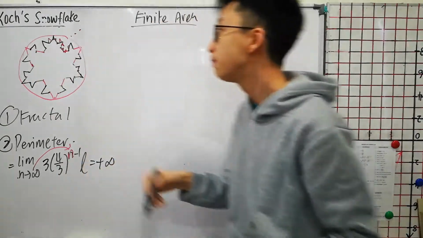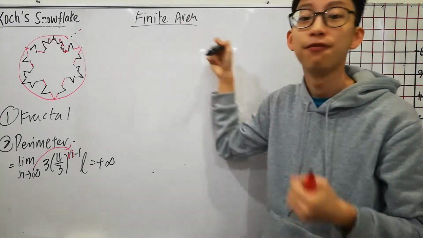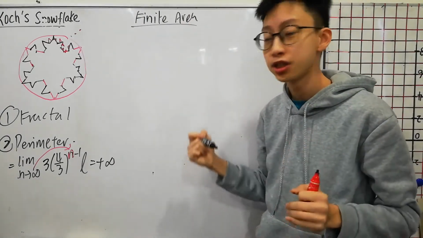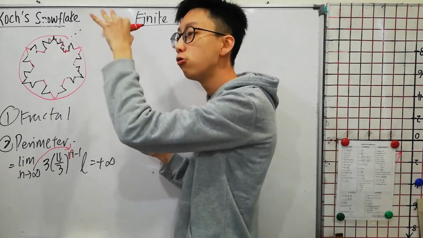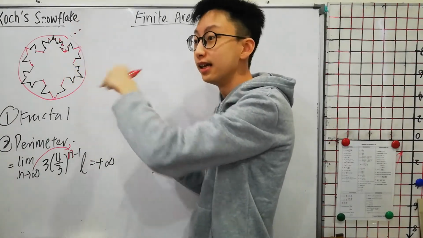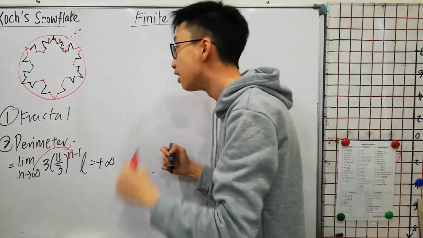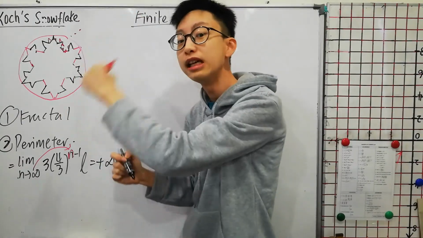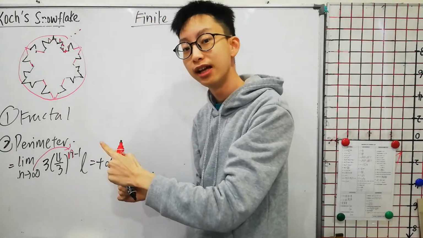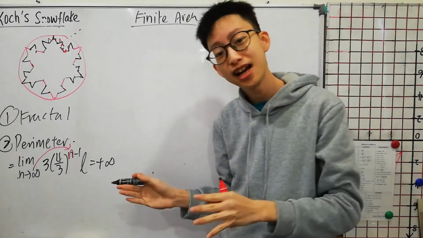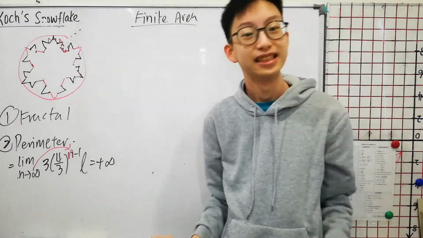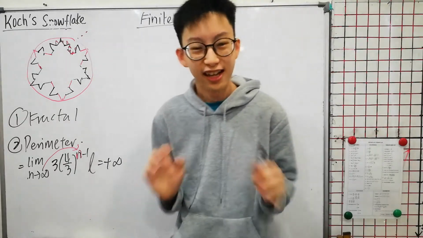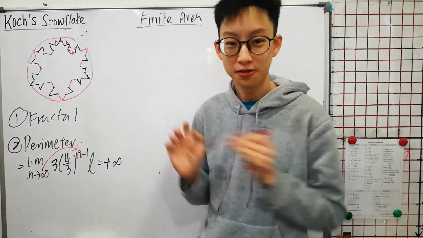So if you want to prove that this shape has a finite area, our direction is to express the area of the whole Koch snowflake in terms of the area of the very first equilateral triangle. And I'll leave it as an exercise to the reader or the viewer or whatever. Okay, just kidding. I will do it as your Christmas present.